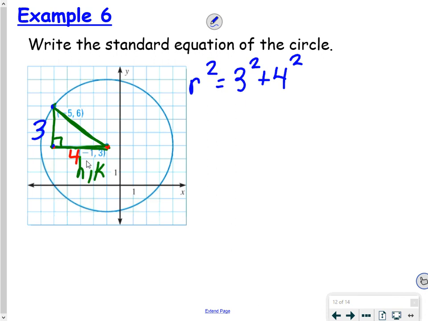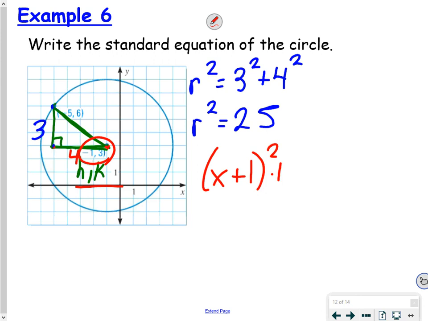All we have to do is 3 squared plus 4 squared, which gives 25. So that's all we need. Now we've got the radius squared, and we're going to use that center point, our h comma k, to write the equation. That's going to be x minus our h value, which is -1, so x plus 1 squared, plus y minus 3 squared, equals 25.